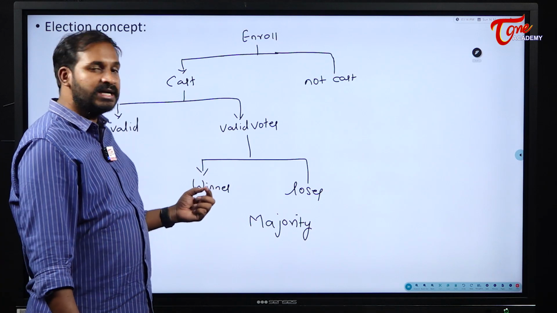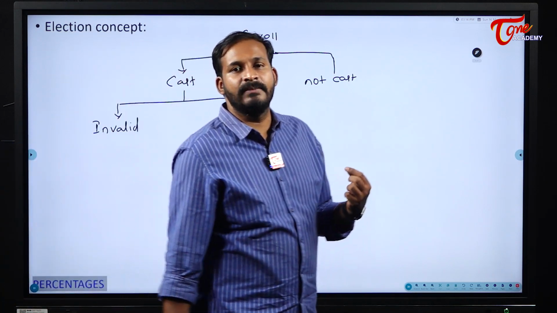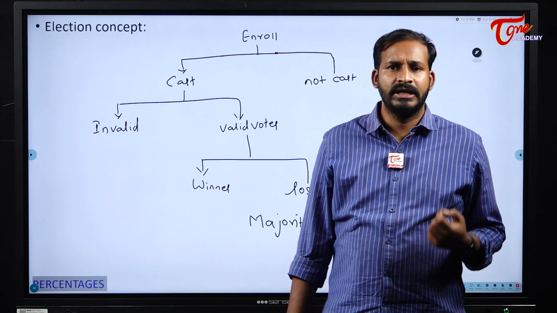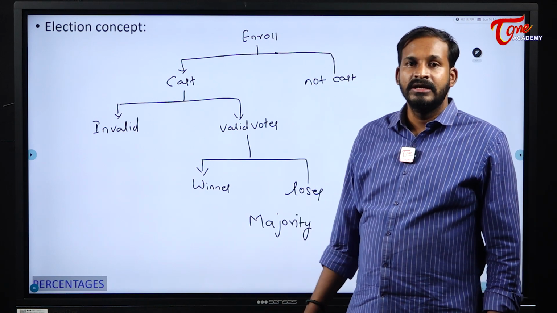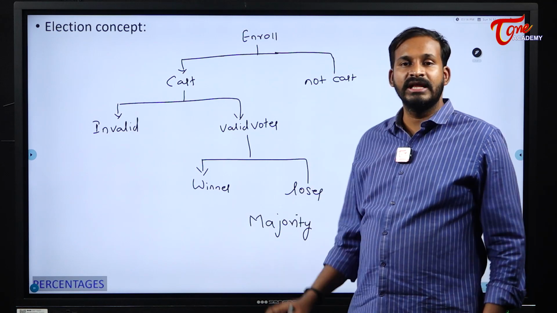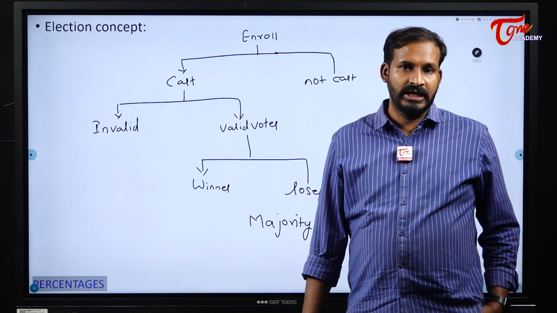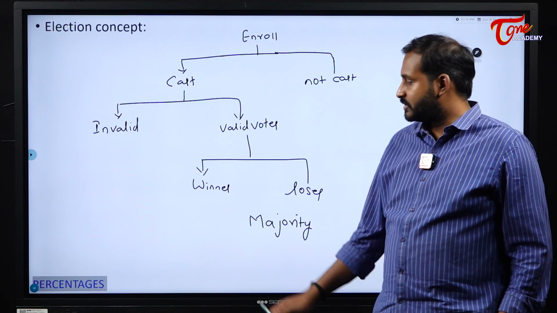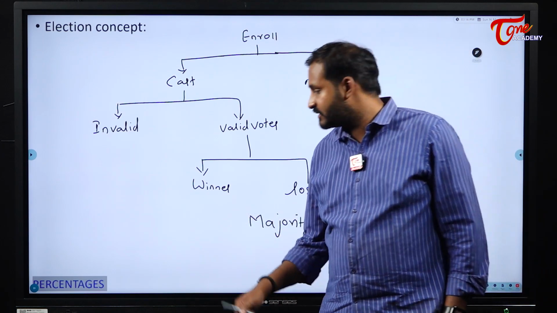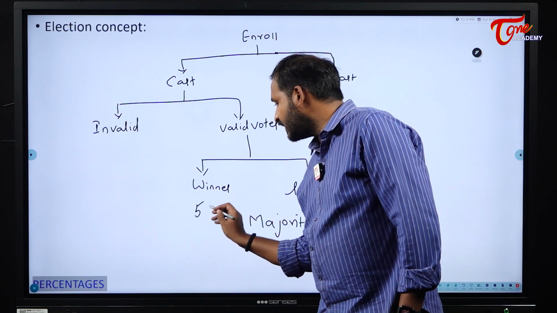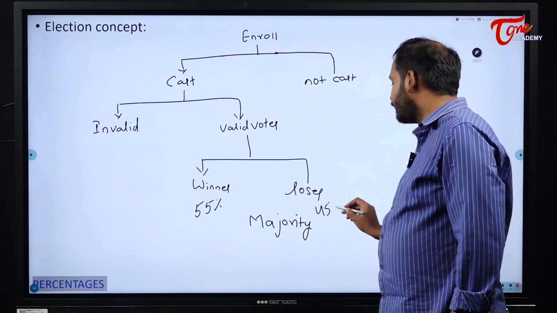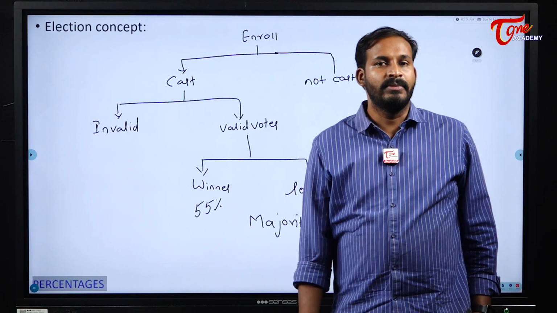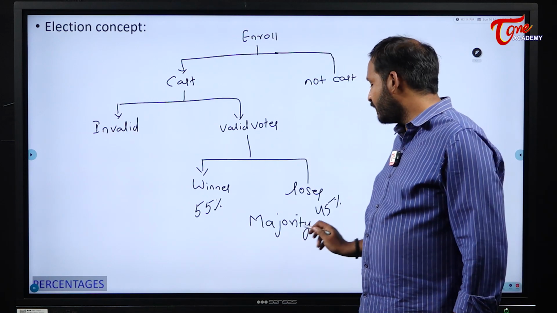If a person won by 10% majority, it means the winner gets 10% more votes than the loser. That means the winner gets 55% of votes, whereas the loser gets 45% of valid votes. Based on the valid votes only, we will tell our majority.